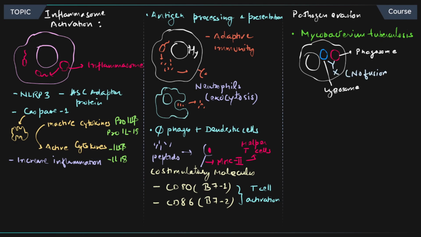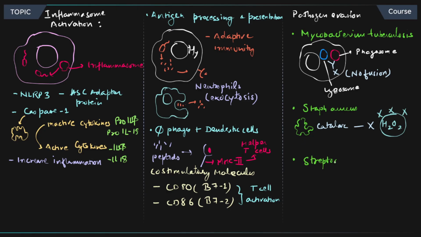Mycobacterium targets that and there will be no fusion. So this is how it actually survives inside the cell. Next is Staphylococcus aureus. Staphylococcus aureus, a gram-positive bacteria, produces catalase enzyme. This catalase enzyme can basically neutralize your H2O2, right? If H2O2 is not there, it's not going to kill the bacteria.